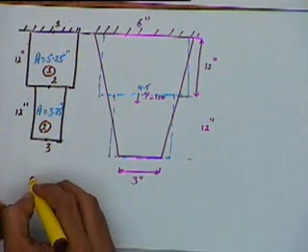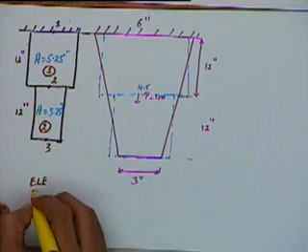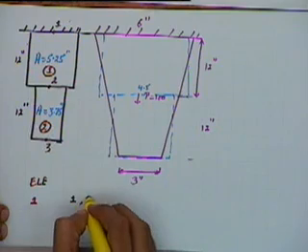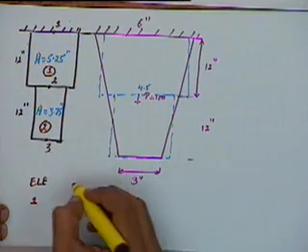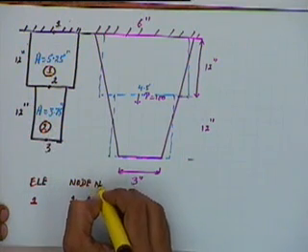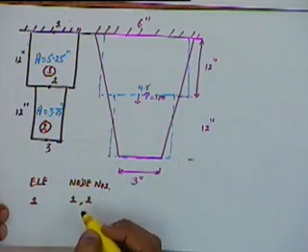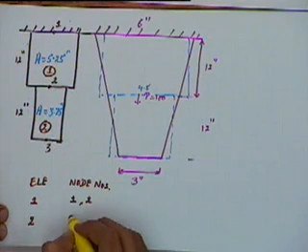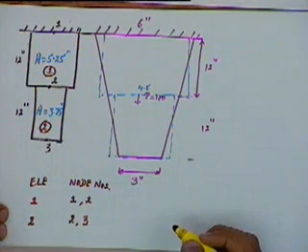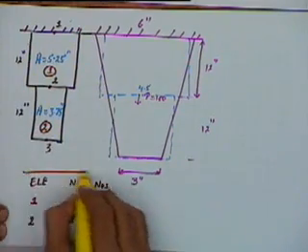So my element 1 is between node numbers 1 and 2, and element number 2 is between node numbers 2 and 3.